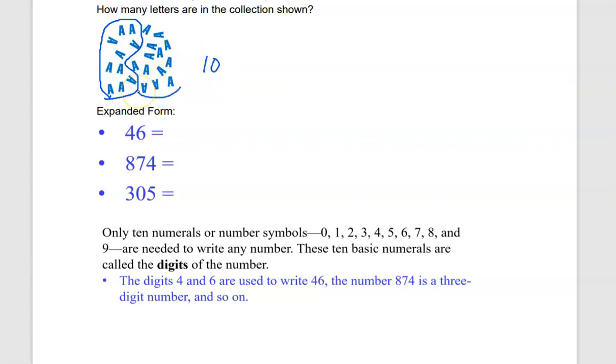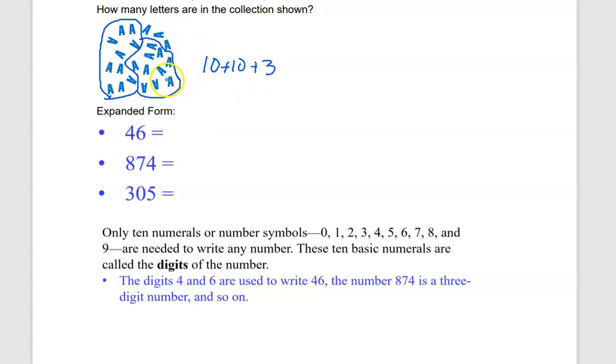Let's see if we can find another group of 5 and 5, which would be 10. So 1, 2, 3, 4, 5, 6, 7, 8, 9, 10. So there's 10. And then we can tell we've got these 3 others that are just hanging out up there.